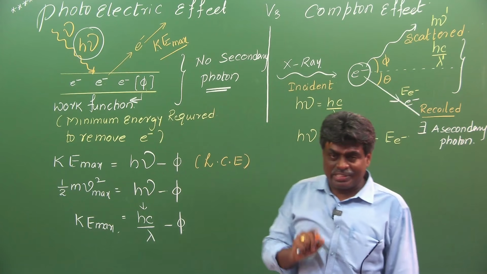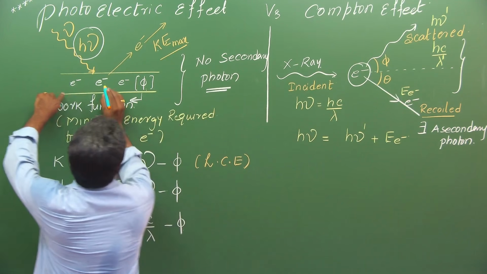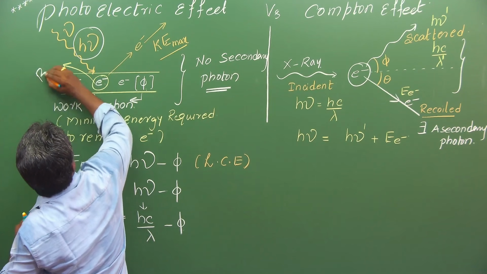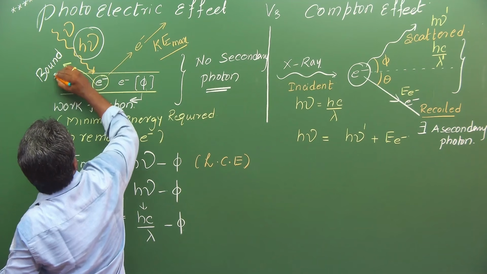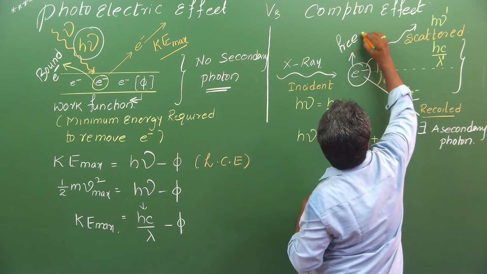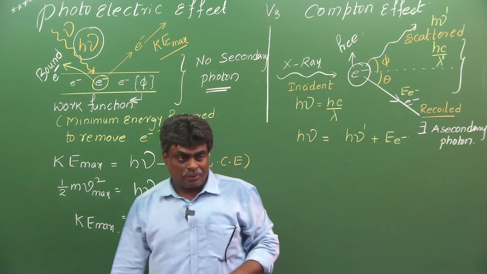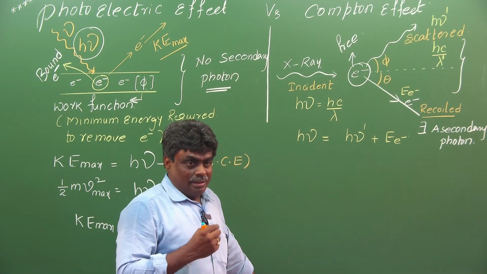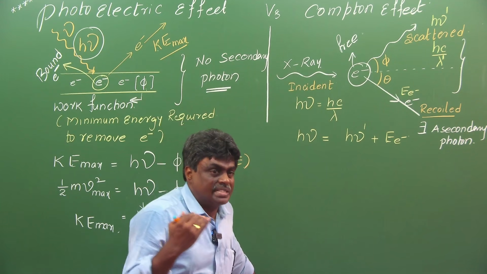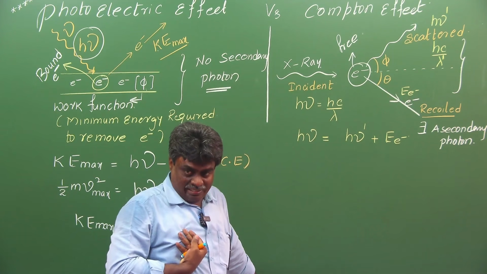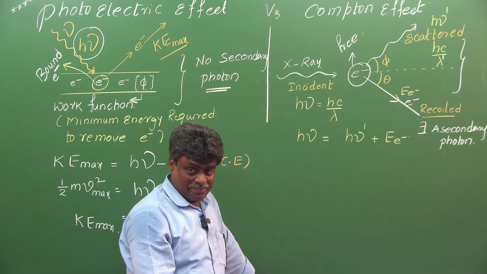So what is the difference? See, this electron is a bound electron, and this electron is a free electron. Earlier she asked one doubt: free electron means what? Whenever you are sending some energy, if it is not absorbing energy completely, then it is a free electron.